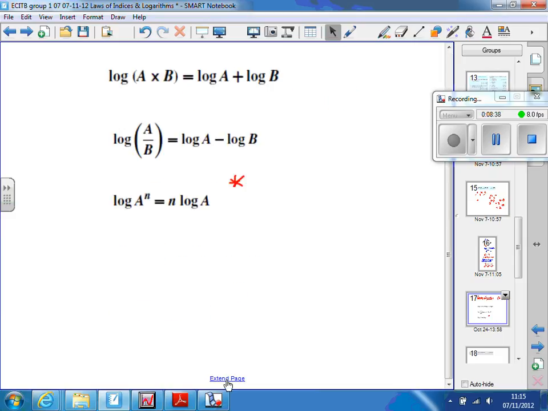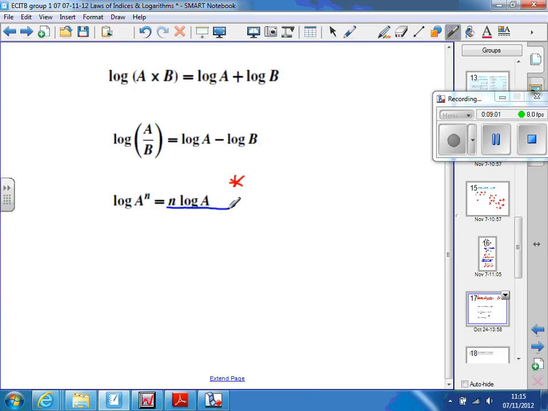And the most important one is here. Looking at the third law of logarithms, as it's often referred to, if I've got log of a, which remember is a power, raised to another power n, if we think back to the laws of indices, when I had one power raised to another power, I ended up multiplying.